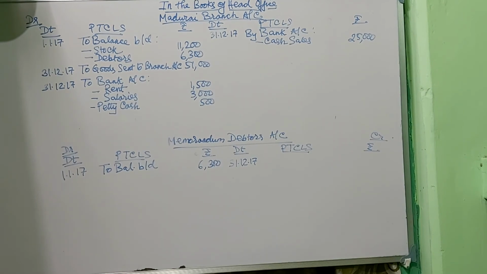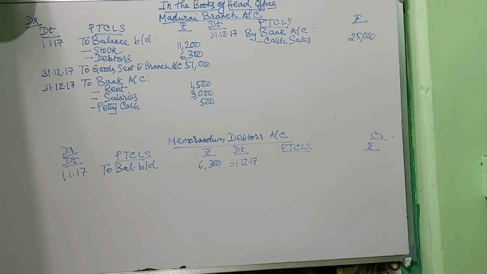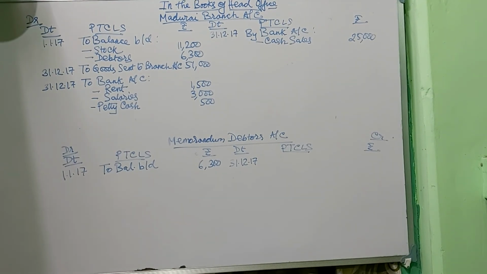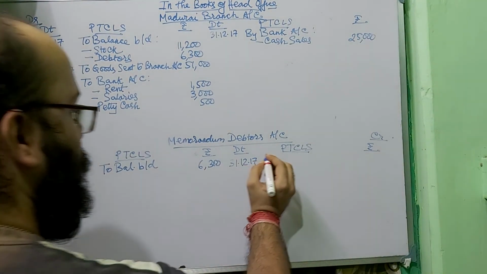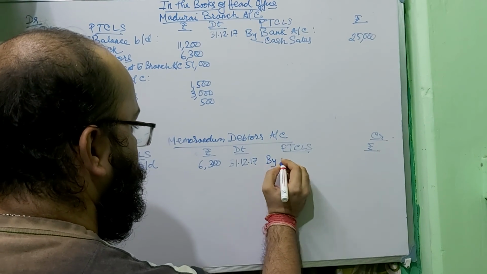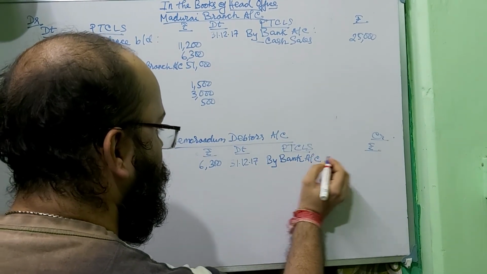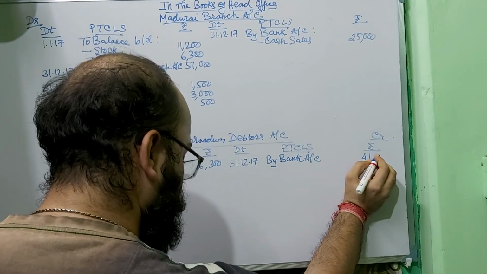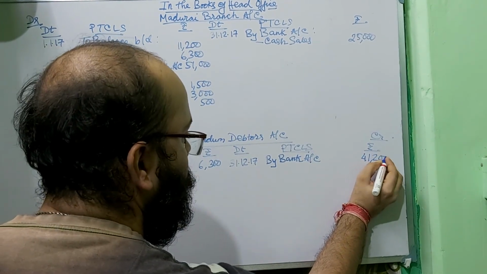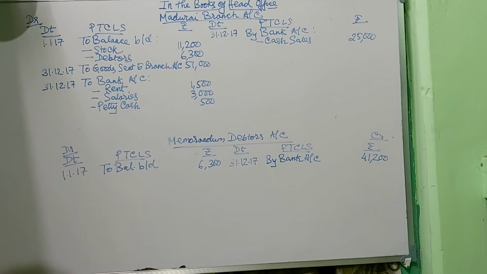Cash has been received, so bank account debit to debtors account. So it will be by bank account. How much cash have you received? 41,200, right? Okay.